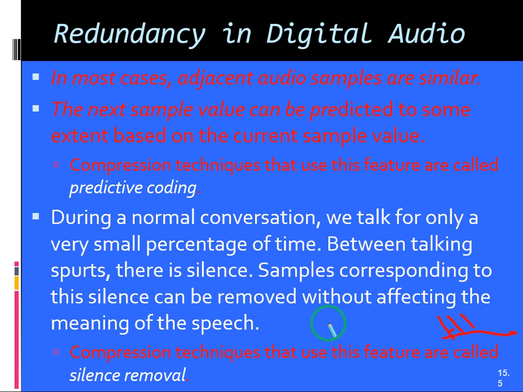Between the communication of two persons there will be silent durations, and we remove this silent duration from the data, but the data does not change. This is a kind of compression. Compression techniques that use this feature are called silence removal.